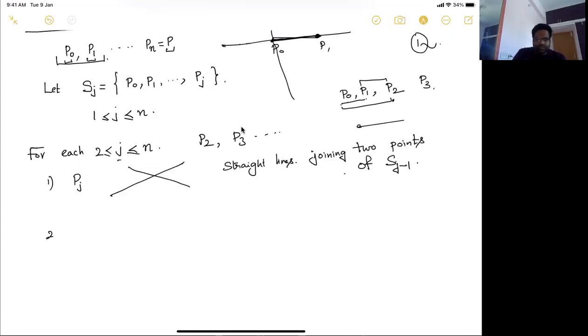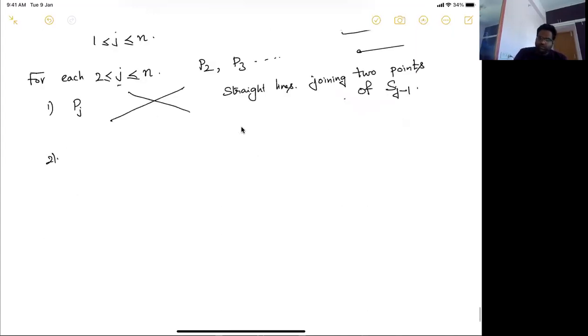The second process is, you take a point in Sj minus 1, and using the length between any 2 points in Sj minus 1, you can draw a circle. This is my first circle. And again, you take another point in Sj minus 1, and the distance between any 2 points in Sj minus 1, you can draw another circle.